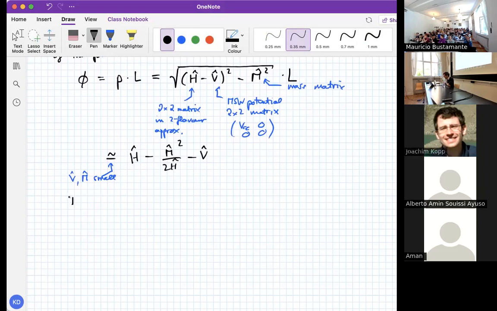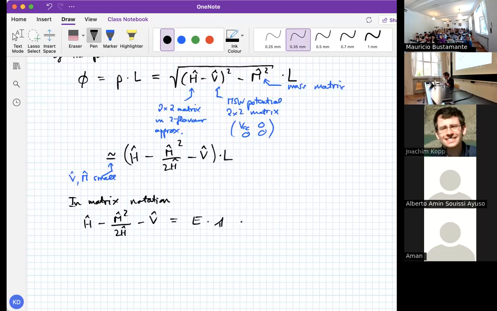So in matrix notation, oh sorry, here I forgot to multiply by L. In matrix notation, this matrix H minus m squared over 2H minus V is the neutrino energy times the unit matrix, minus the diagonalized m squared over 2H.